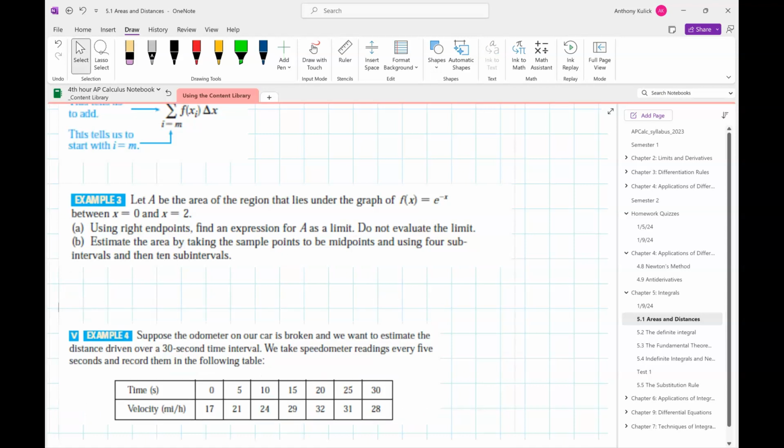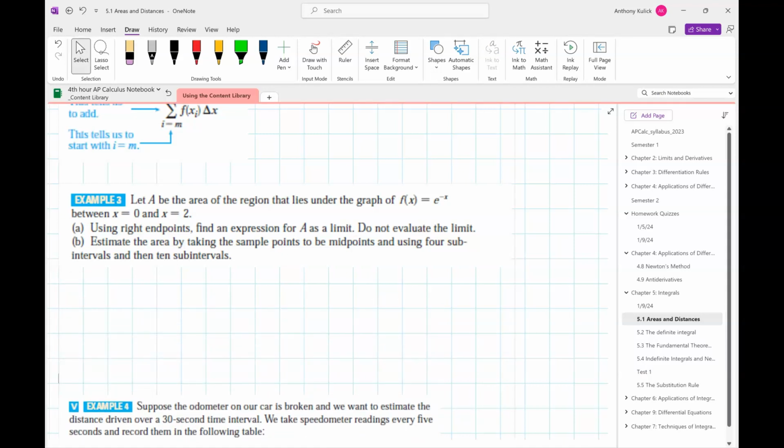Let's do this example, and I think we'll kind of bring it home here. Using the right endpoint, find the expression for A as a limit. Do not evaluate the limit. So the area is going to equal the limit as n approaches infinity of Rn.